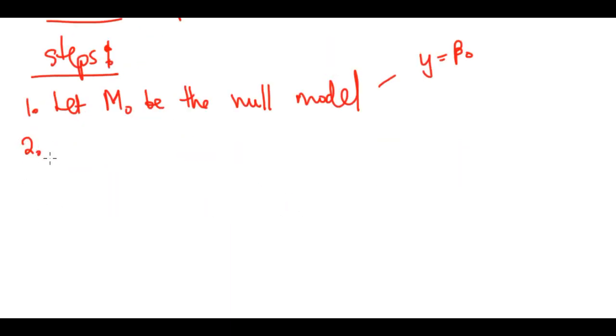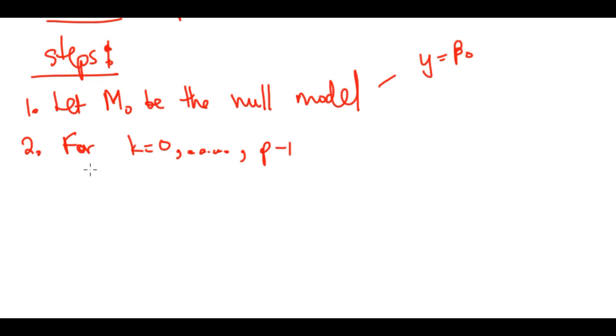And then step number 2 is, for k equal to 0 all the way up to p minus 1, we are going to consider all the models that augment the predictors.